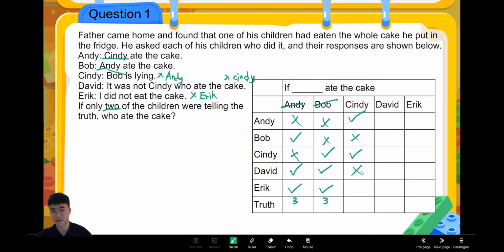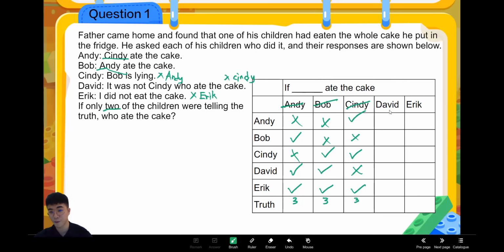That should be incorrect, because Cindy ate the cake and he said not Cindy. So David is lying. Eric said he did not eat the cake, so that is true as well. Based on the Cindy scenario, there are a total of three people telling the truth, so it's definitely not Cindy either.